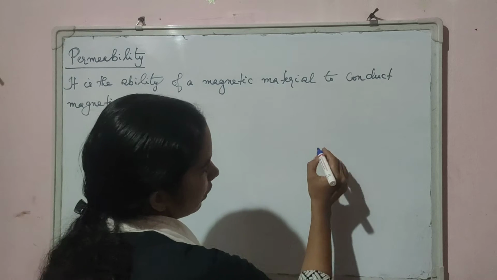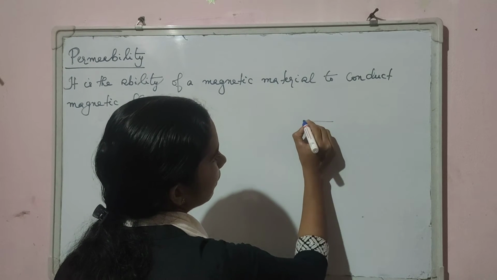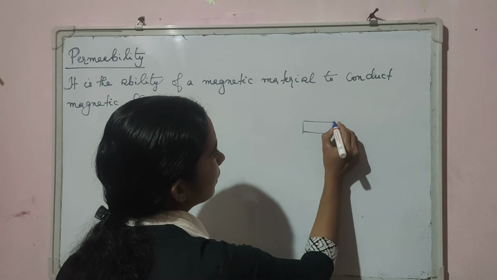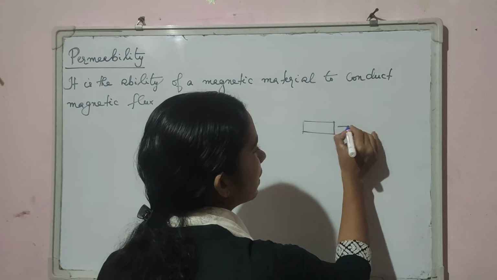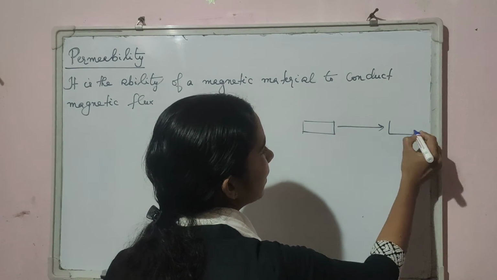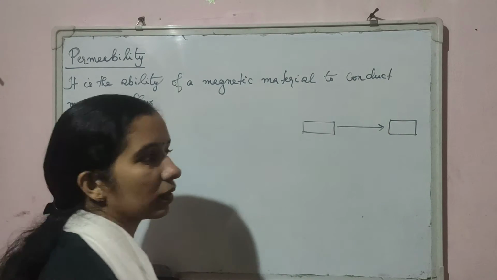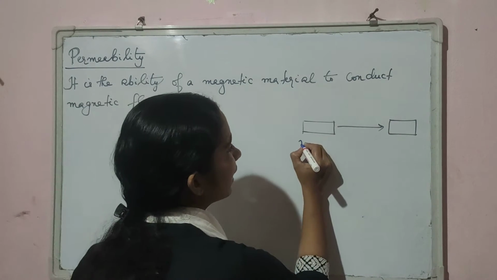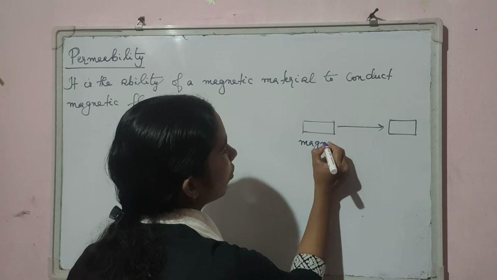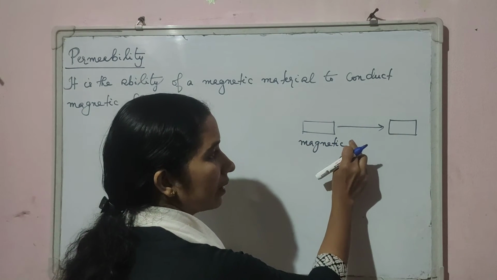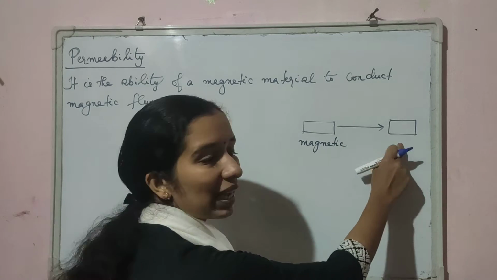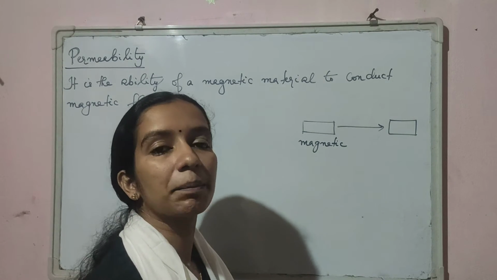Suppose we have a magnet, it is a magnetic material, and it is going to magnetize another material. This material is already having magnetic properties, and it can induce magnetization in another material.